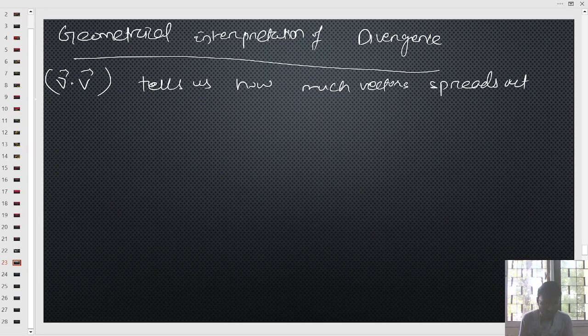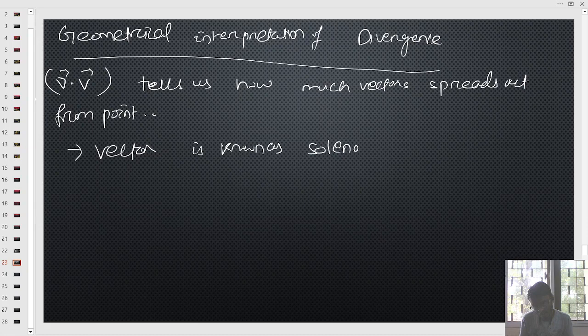A vector is known as solenoidal if the divergence of F is 0. What does it mean? If the divergence of a vector is 0, that means it is solenoidal.